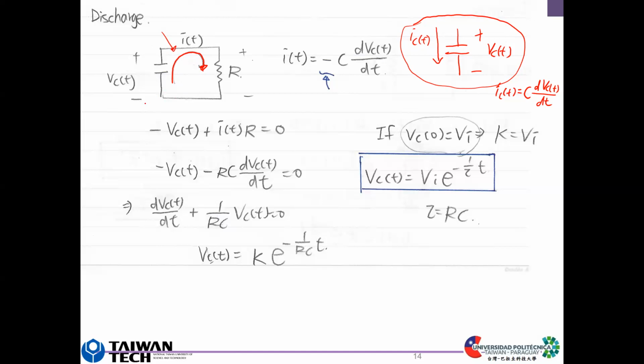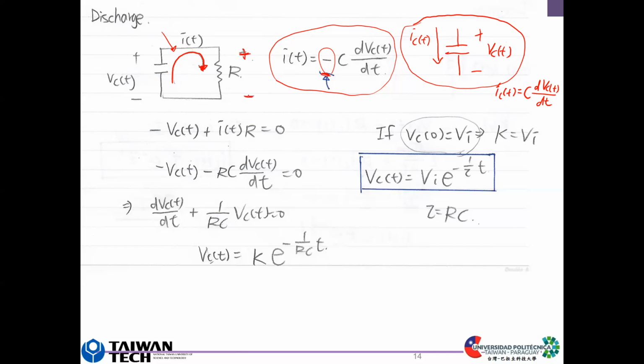So in the current voltage relationship for the capacitor we must put a minus sign here, because the current is defined in the opposite direction. If the current is defined in this direction, then this is positive, this is negative.